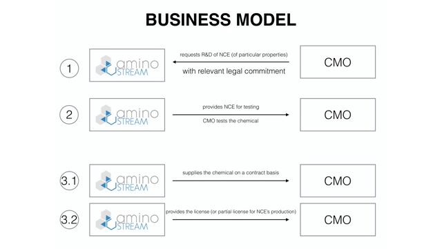The business model from that step is very straightforward: contract manufacturing organizations request new chemical entities, and with our knowledge we can provide those against a relevant legal commitment. When they test them and confirm that this is the process they want, we have two types of collaboration: either supply of chemicals on a contractual basis or providing a license.